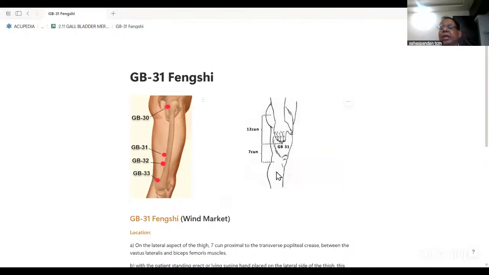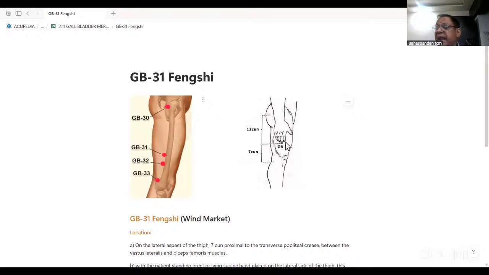Okay, see, when you stand erect and keep your hand parallel to the thighs, where your middle finger touches the thigh, it is the GB30. See, very simple procedure to locate the GB31.